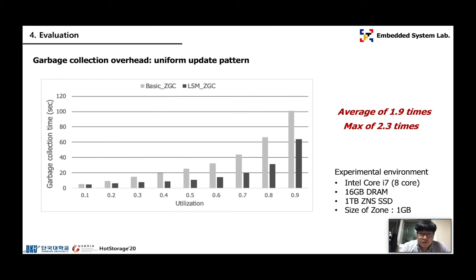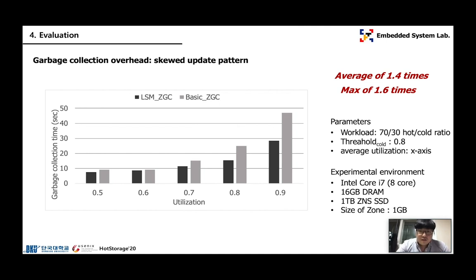The result shows that the LSM scheme can enhance performance by up to 2.3 times with an average of 1.9 times. In a uniform pattern, all segments are updated with the same probability, so hot-cold separation does not occur. Hence, the performance gain is obtained by using the larger I/O size in the LSM scheme.